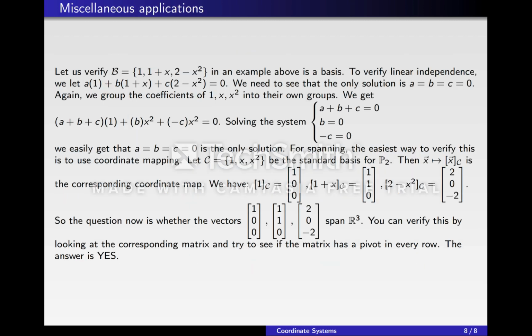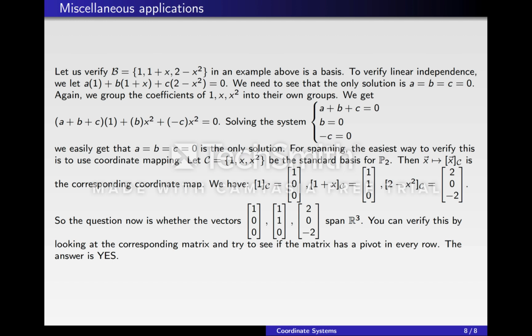And so our original question about whether 1, 1 plus x, 2 minus x squared spans P2, and the question about whether the coordinates 1, 0, 0, 1, 1, 0, and 2, 0, minus 1 span R3, have the exact same answer. So if you can answer the question for the coordinates, then the same answer holds for the original vectors. And that's what we do with the coordinates here.